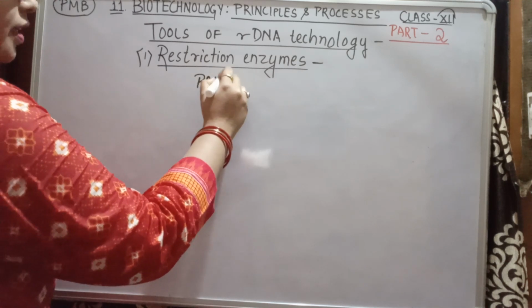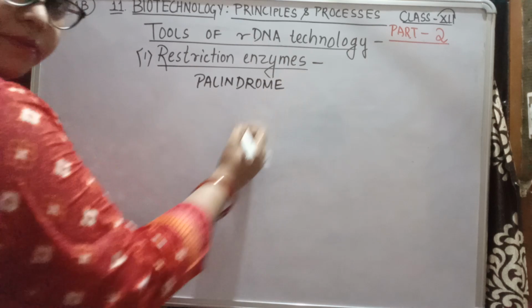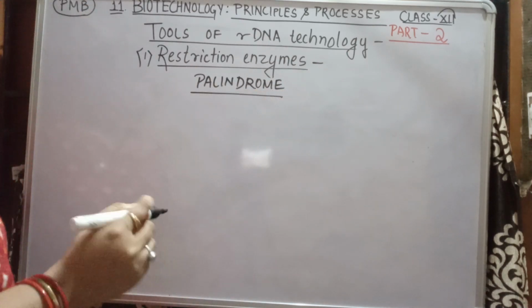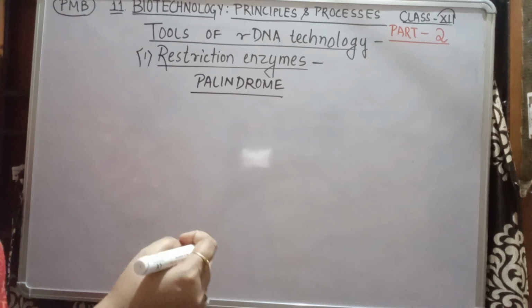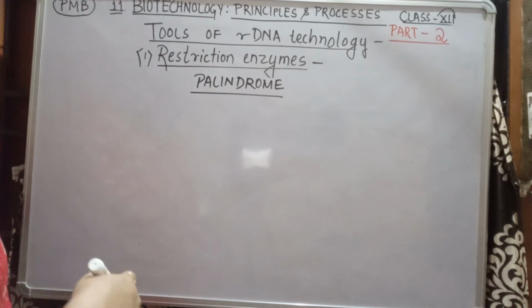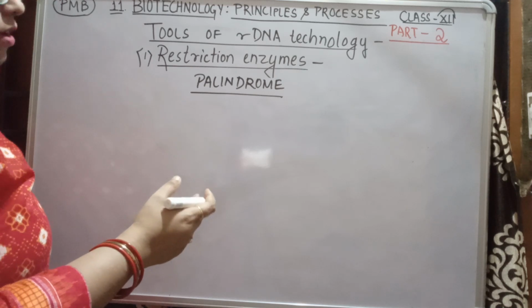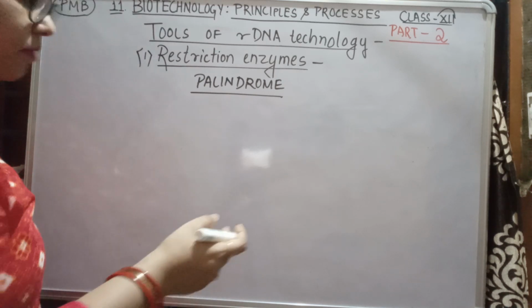You must have heard this word palindrome, haven't you? Palindrome is a word picked from English, and it means the same. If we read a word from one direction and from the opposite direction, it gives us the same word.